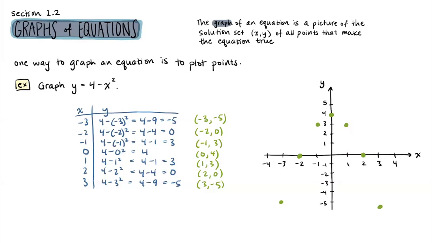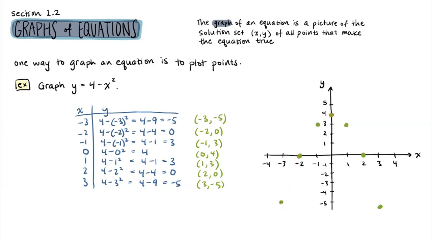All right, so we can see that we have a downward facing parabola. We plugged in the points on the nice whole numbers, but we could have plugged in any point that lives between these. We would just get a bunch of points that form this nice shape.